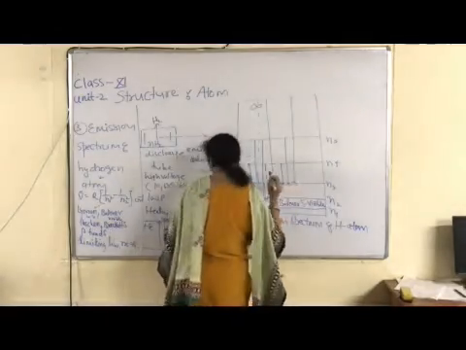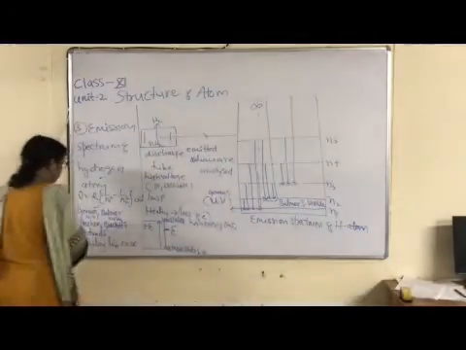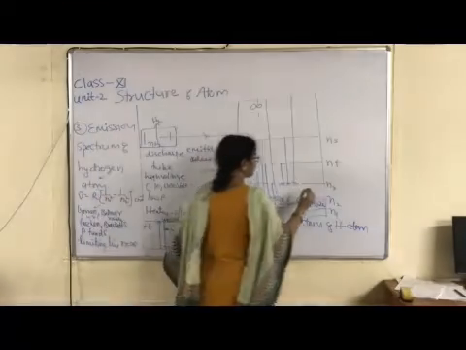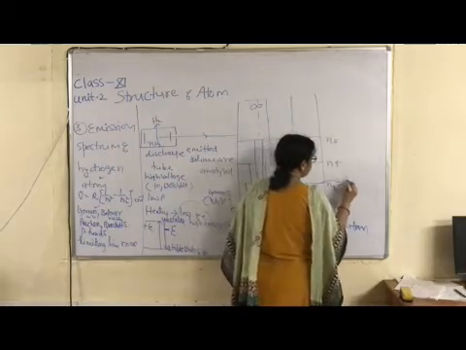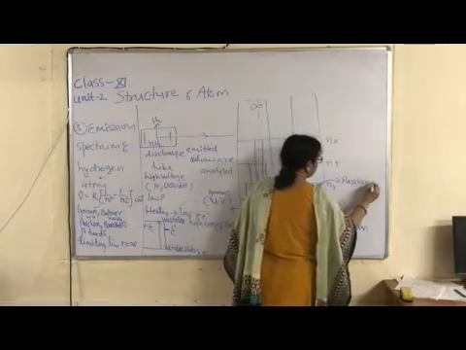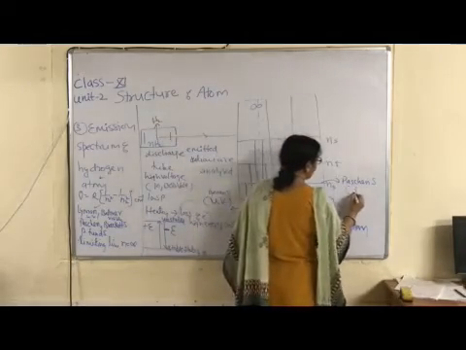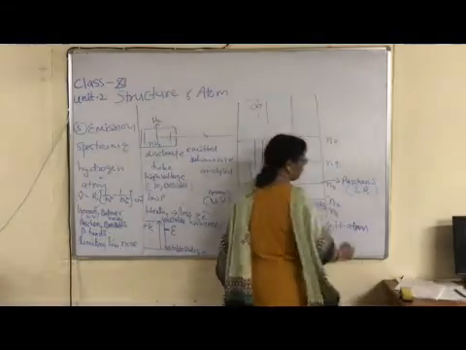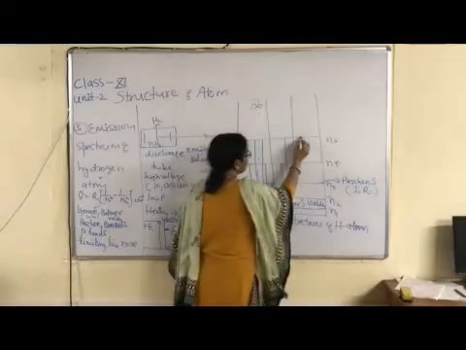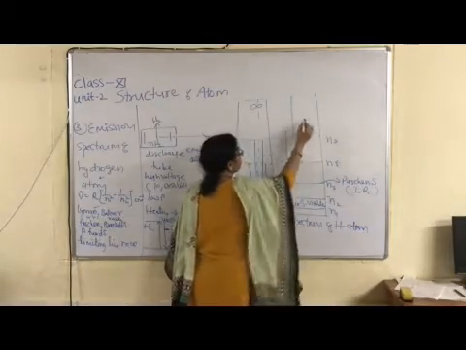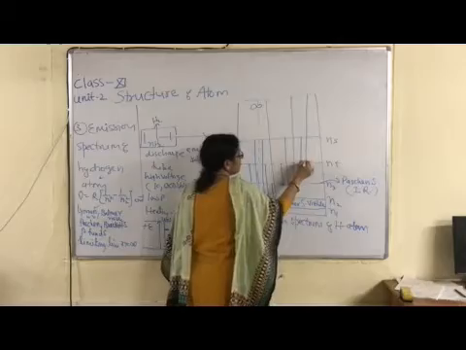This series of lines is known as the Paschen series, right? And this series is obtained in which part? Infrared, IR.